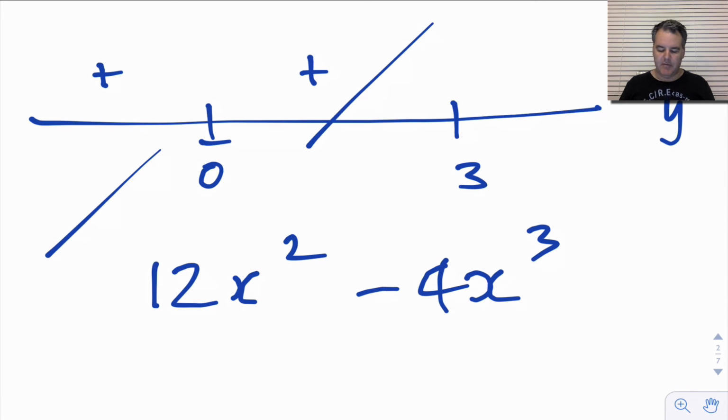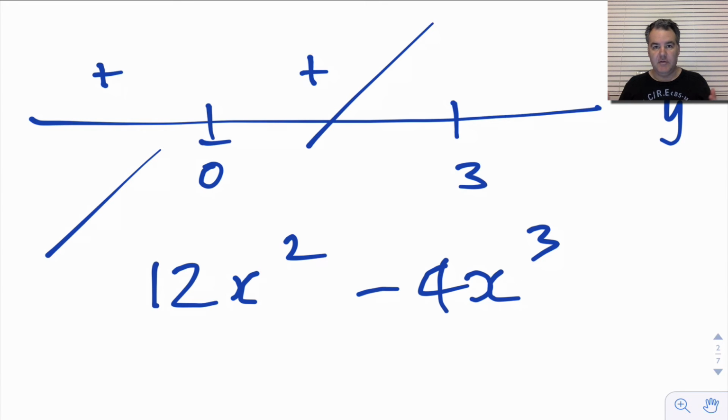Okay, what about 3? So if we chuck 3 in there, 12 times 3 squared minus 4 times 3 cubed, we get 0.